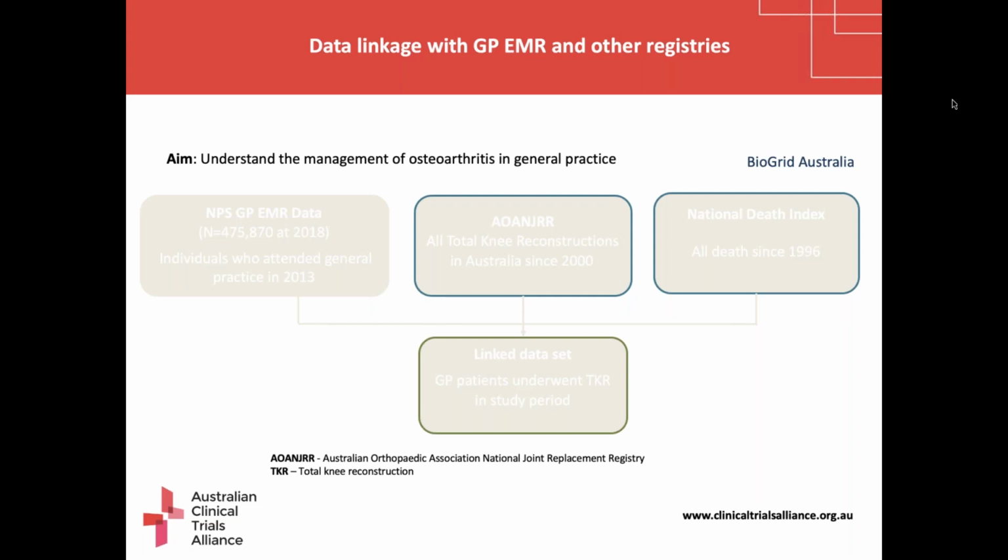As well as that, we also included the National Death Index. So in the end, there was a completed data set with GP patients who underwent total knee replacement in the study period. And this allowed us to address the aim of understanding the management of osteoarthritis in general practice. These data have currently been linked as part of a PhD project being conducted at St. Vincent's Hospital.